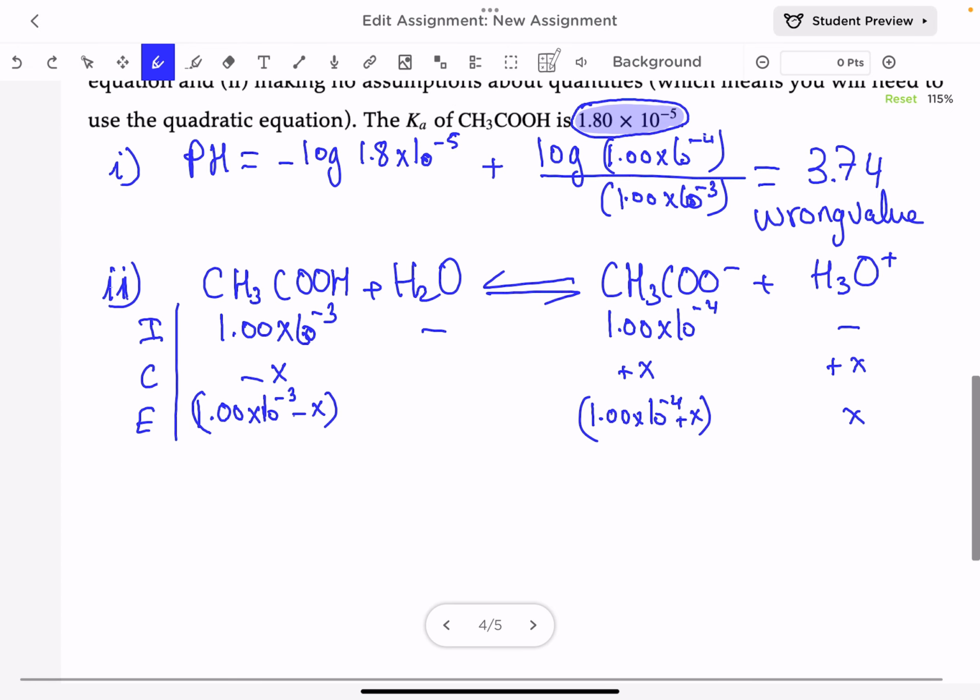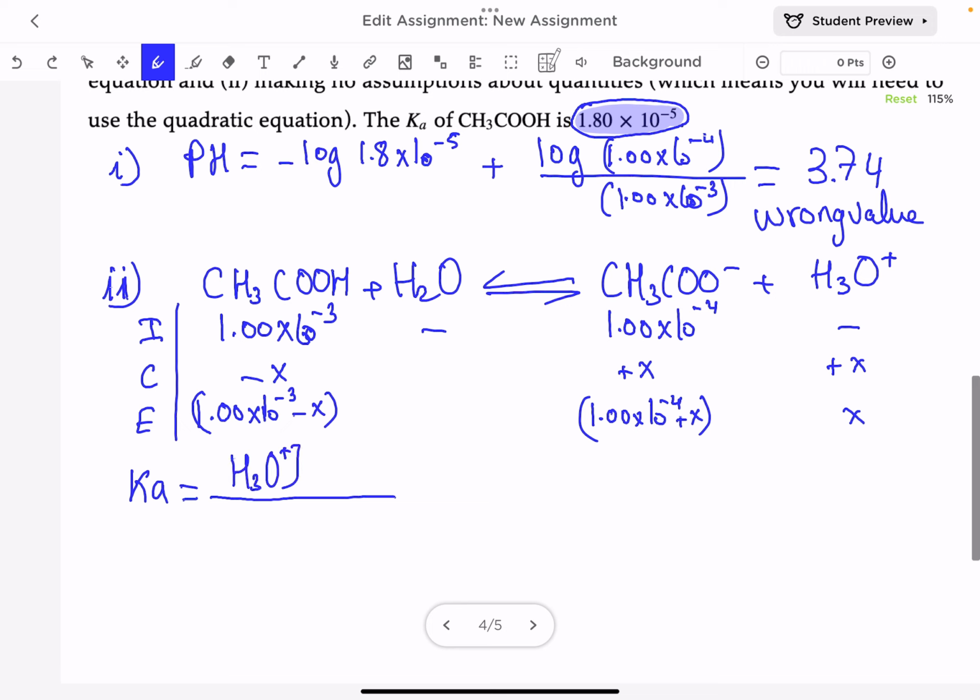Now next, we write the formula of Ka, which is the concentration of H3O plus multiplied by CH3COO minus over the concentration of CH3COOH. So we substitute taking the value of Ka.